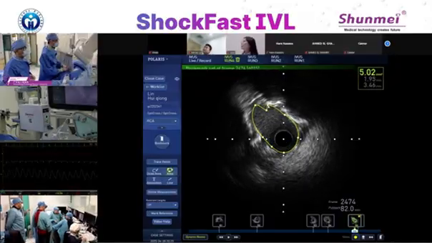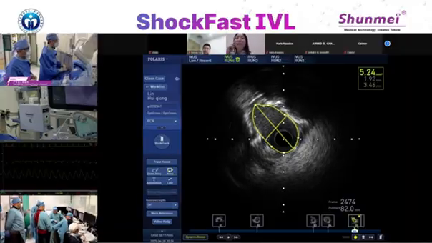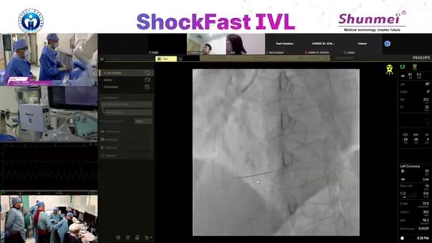So I get a brand new 2.75 balloon to try to hit it again.